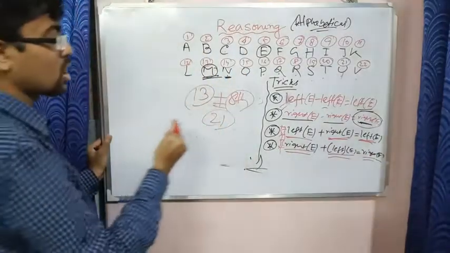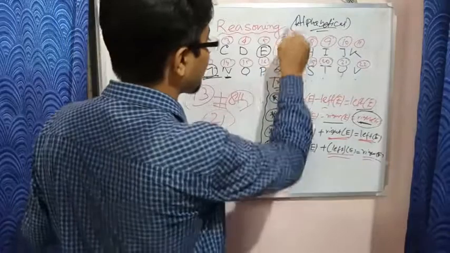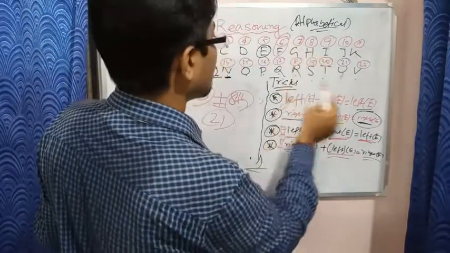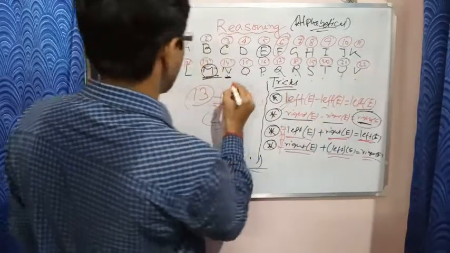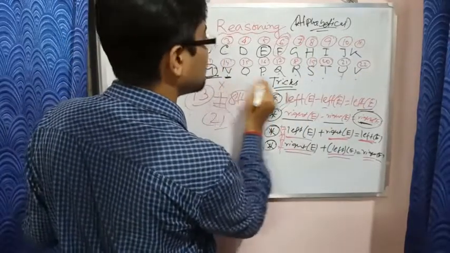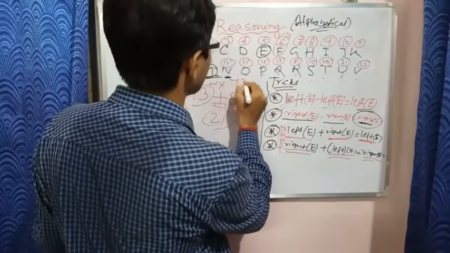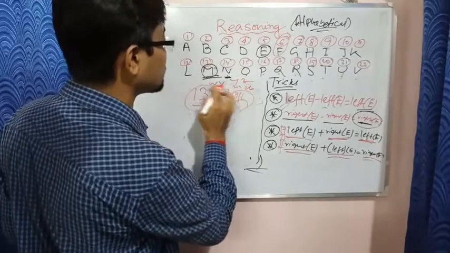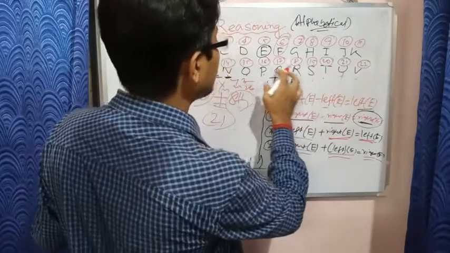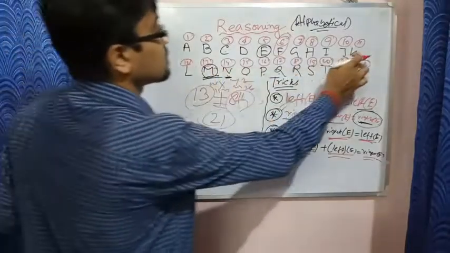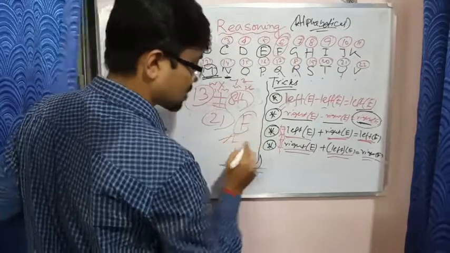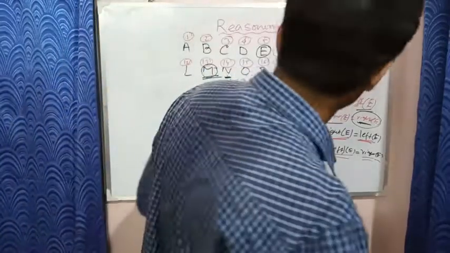So when we count 21 from the right side, your answer is F. Am I clear? W, X, Y, Z is 26, 25, 24, 23, and so on, 1, 2, 3, 4, 5, 6, 7, 8, 9, 10, 11, 12, 13, 14, 15, 16, 17, 18, 19, 20, 21. So F is your answer. Clearly understand? Hope you understand what I am saying.